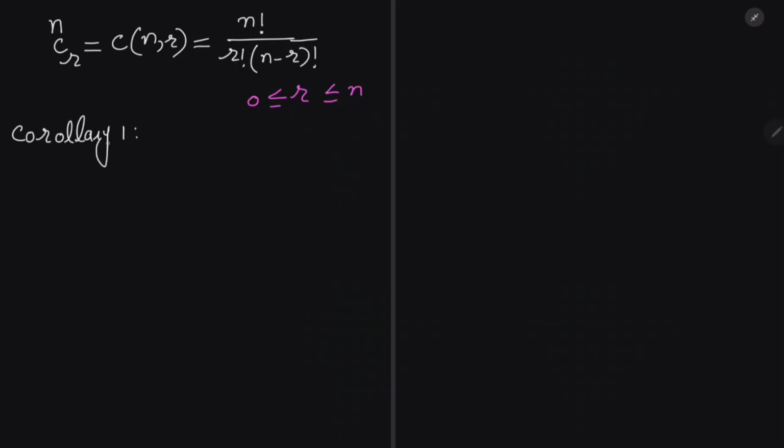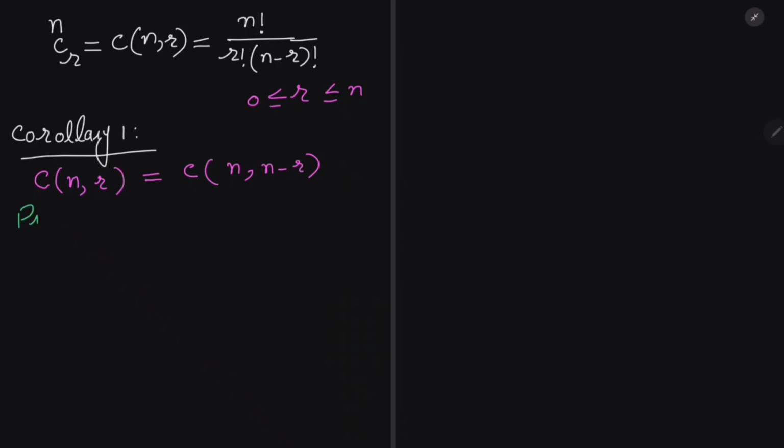Corollary 1 says that C(n, r), the combination of n objects with r subset, will be equal to C(n, n minus r). So how can we prove that?